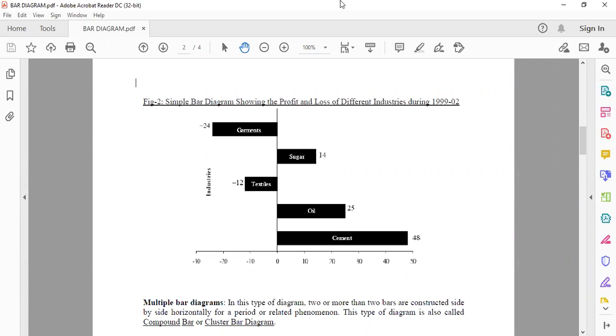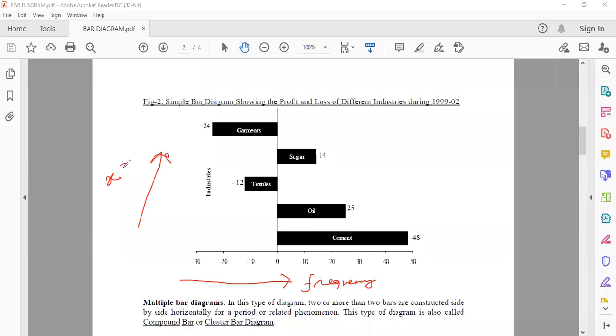This is a horizontal representation. Here, actually, what we did, along the x-axis we have the frequency, along the y-axis we have the x values.